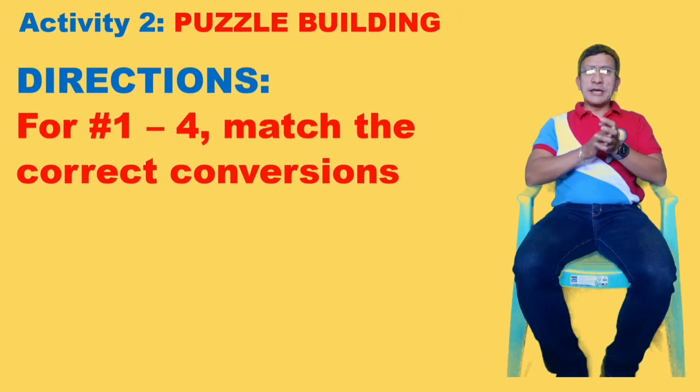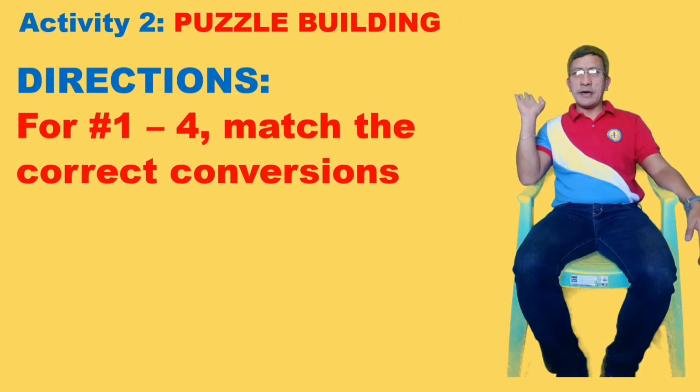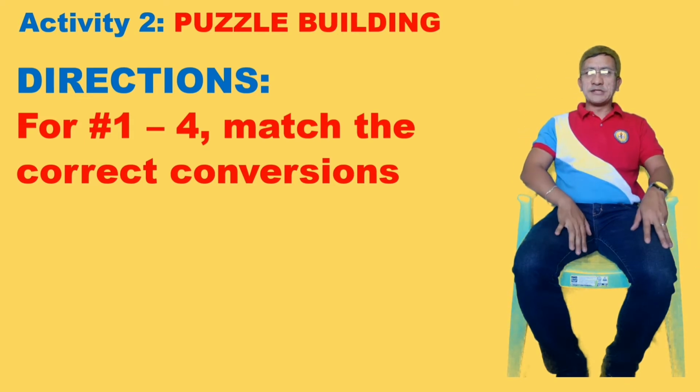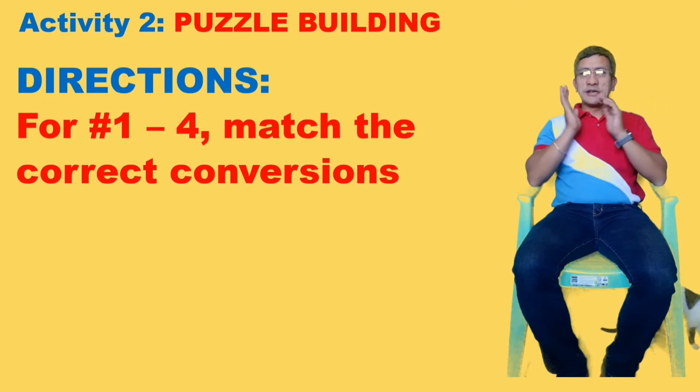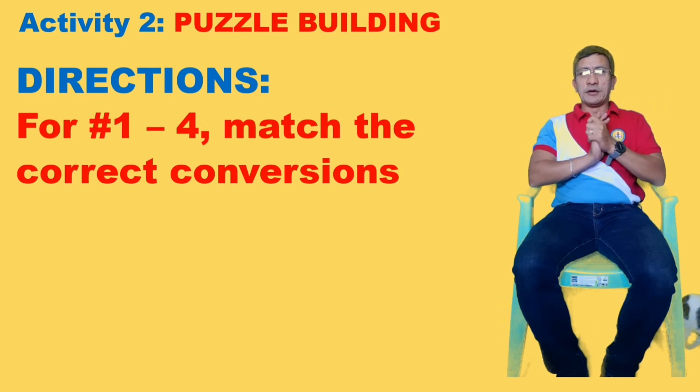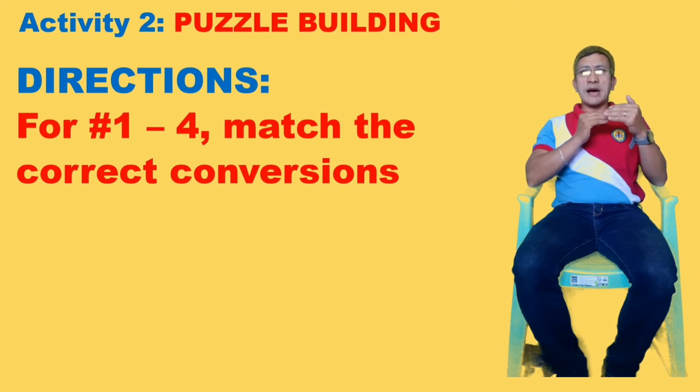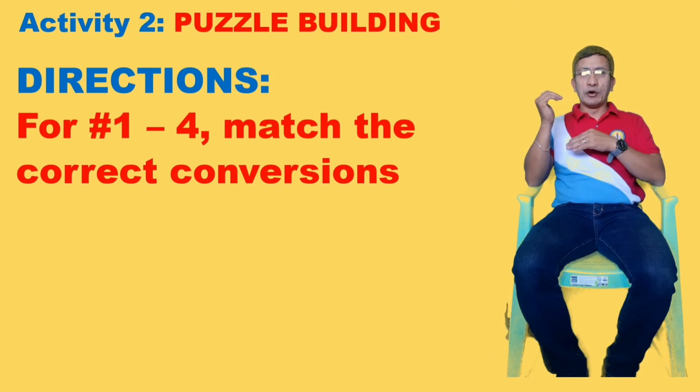For our activity number 2, we will be having a puzzle building, and the contents of that puzzle are based on our modules discussed for this video. The directions are, for numbers 1 to 4, we will match the correct conversions from logarithmic form to exponential form or vice versa.